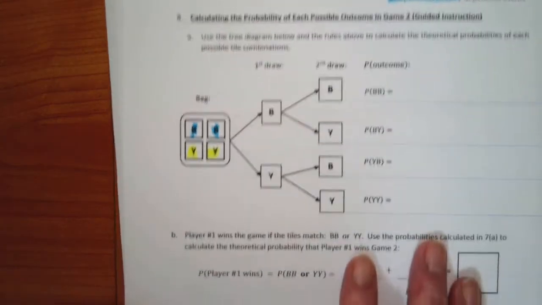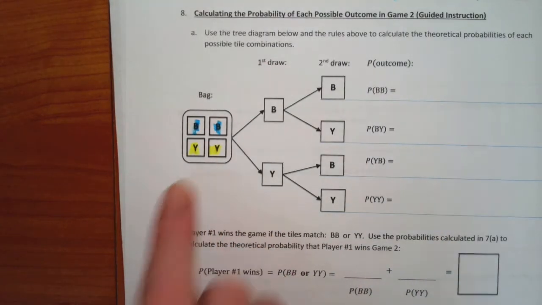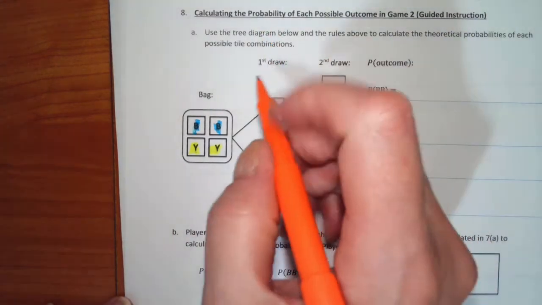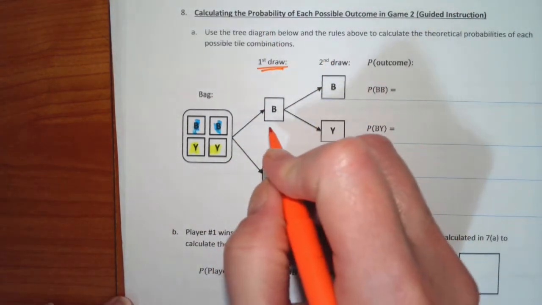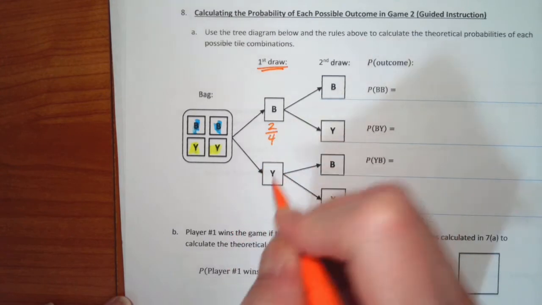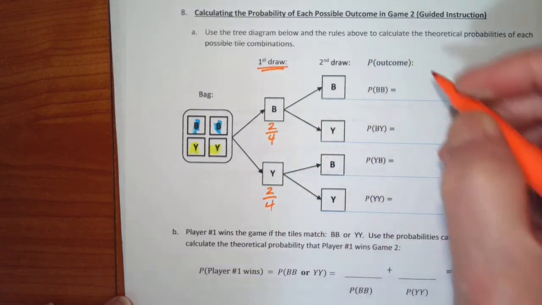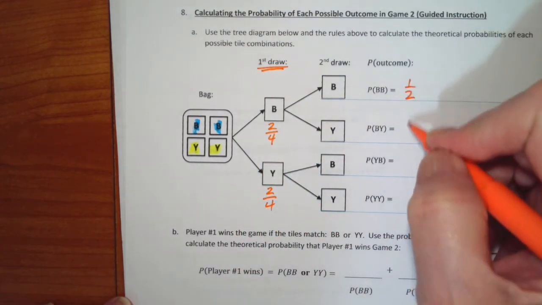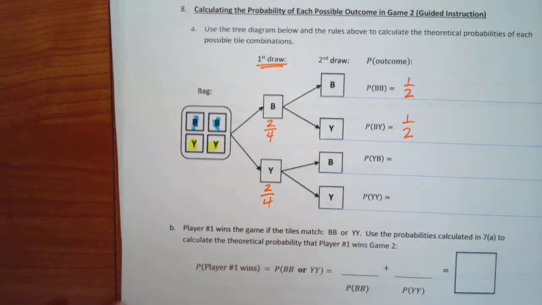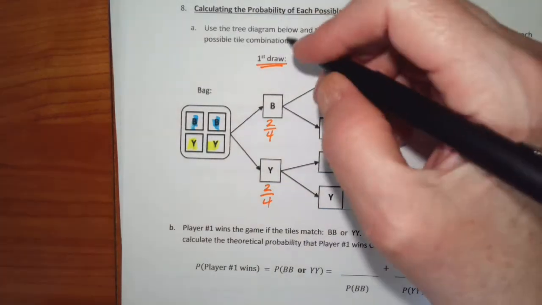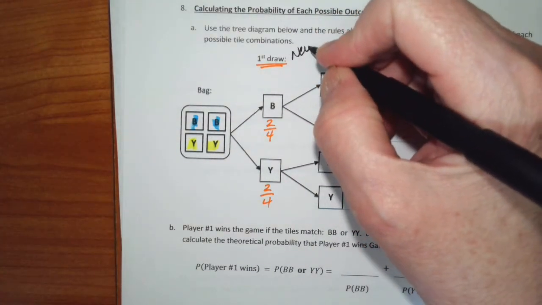Okay, so if we start out with 2 blues and 2 yellows, we've already done this on the first draw. We know there are 2 out of 4 for each of these, which reduces to 1/2, and again you can leave it as 2/4 if you want, it doesn't matter. But now let's look at the new bag.